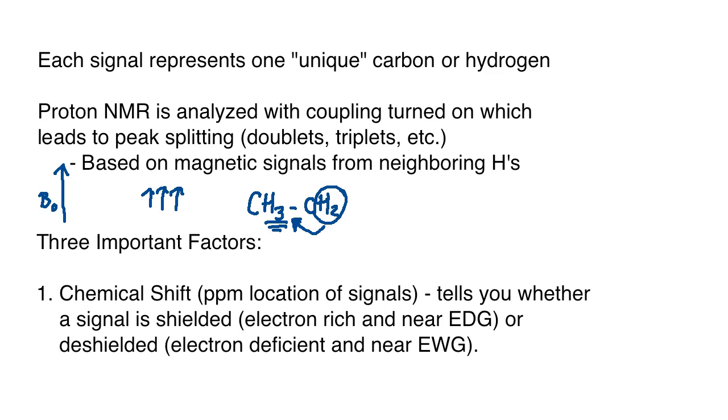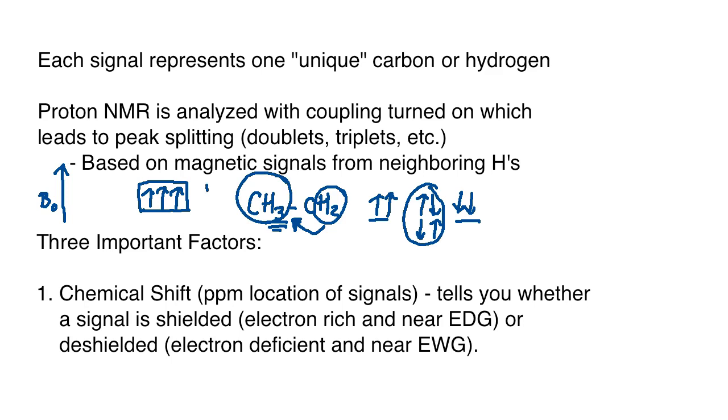Then these can be influenced by the neighboring spin states. So these two hydrogens could both be spin up, it could be spin up, spin down, it could be spin down, spin up, or they could both be spin down. And so because I have 1, 2, 3 different ways that they could be oriented, that makes a triplet out of the CH3, right? So we would expect this CH3 to show up as a triplet, and that's due to the influence of the neighboring potential spin patterns that we have there.